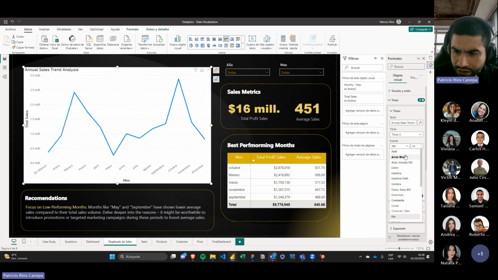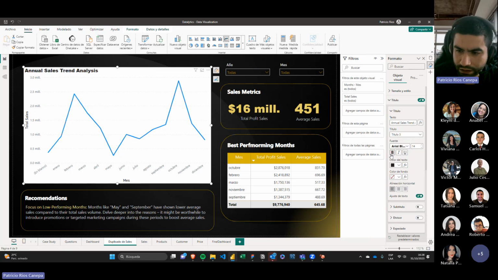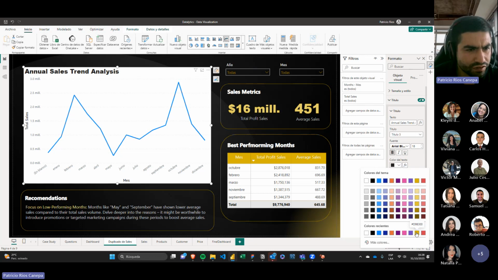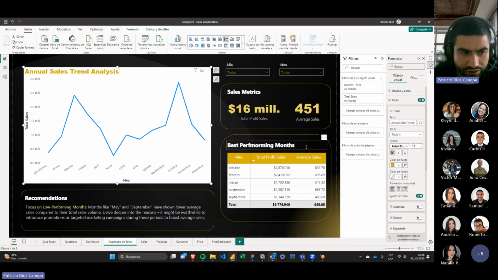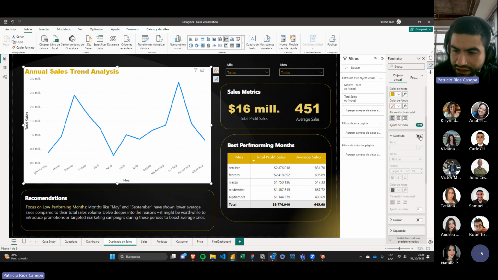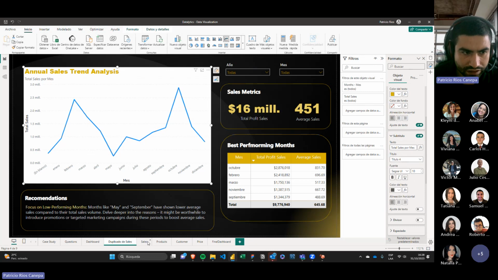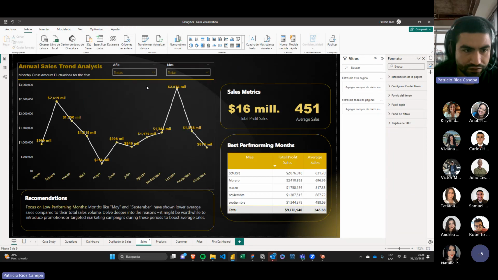We can also use another set of font. Maybe we can upgrade this a little bit, and I will also like to use a color that is being used throughout the whole report. So this should be good. We also get to add a label or subtitle that we're also going to get from here.